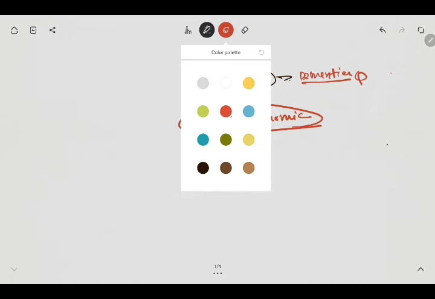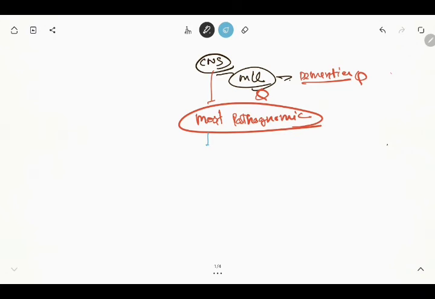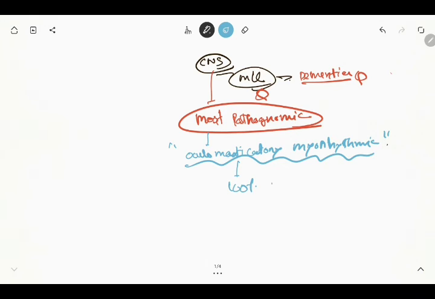I will show you the video so that you can understand, but you must remember the term oculomasticatory myorhythmia or oculofacial skeletal myorhythmia. If this is there, then 100% you can diagnose it as Whipple's disease, because it has not been reported in any other disease. So it is a pathognomonic feature of Whipple's disease.